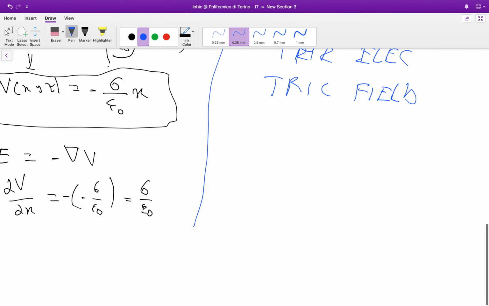Look guys, when we did physics 1, I told you that typically, imagine that you want to move something from the point A to the point B through this path. This is a curve, right? You are moving something from the point A to the point B through this curve.